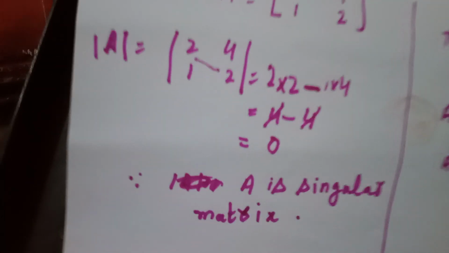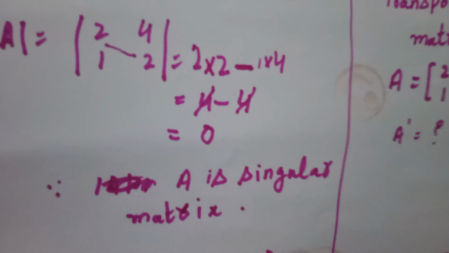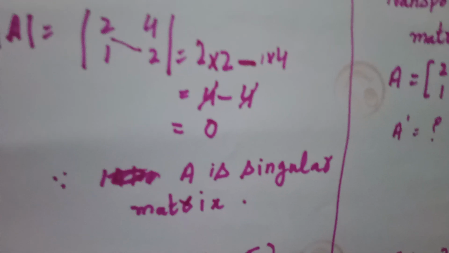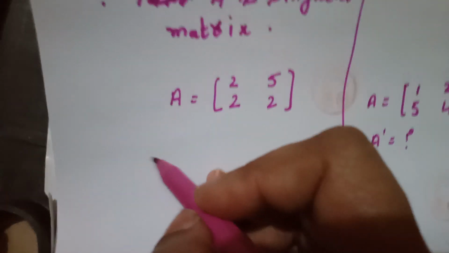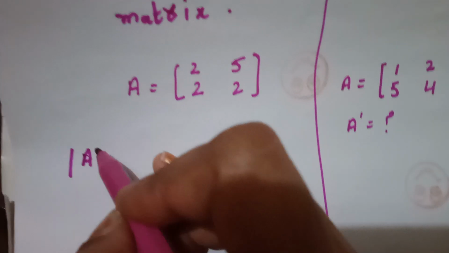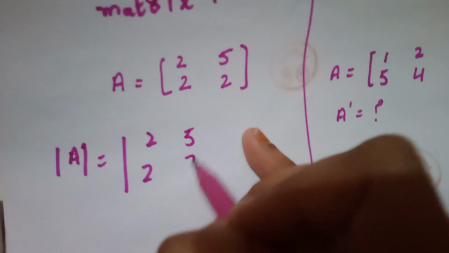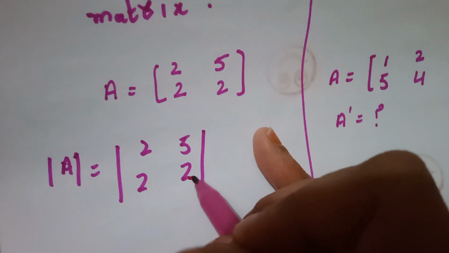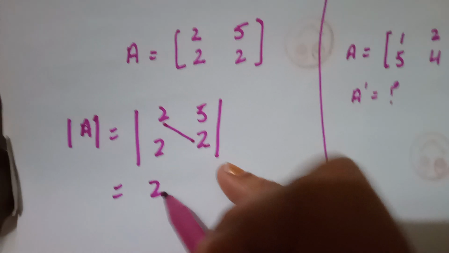What is the definition of a singular matrix? If a matrix has determinant 0, this is called a singular matrix. What is a non-singular matrix? We can take another example and again we will find the determinant of A. Now again for the determinant we multiply 2 with 2.